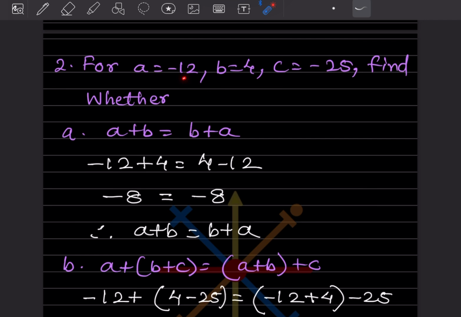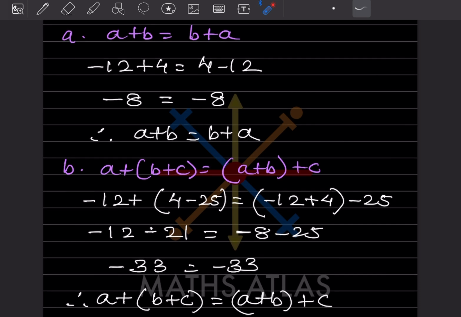In place of this you will put minus 12, 4, and here again 4 and this is going to be minus 12. So minus 12 plus 4 is going to be minus 8, and this also is going to be minus 8. Because both are minus 8, we can say a plus b is equal to b plus a.